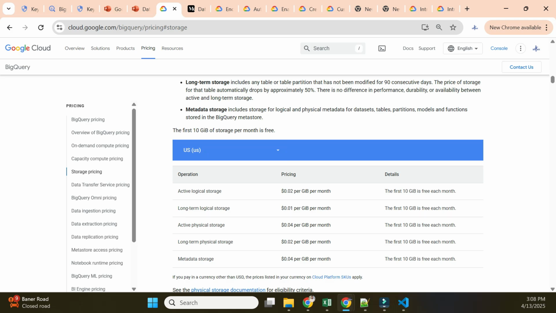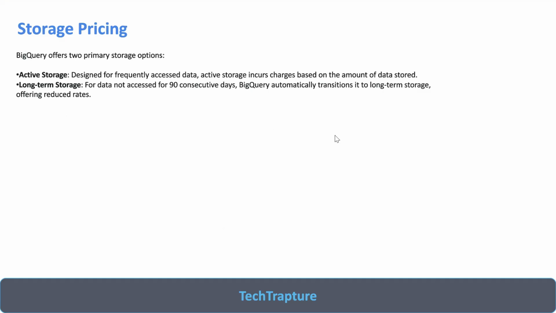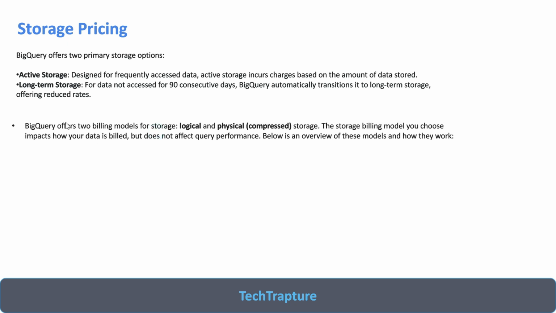So let me go back to our slide. For storage also, this is kind of the storage option, but for the billing also BigQuery offers two storage billing models. You can see here BigQuery offers two billing models, one is for logical, one is for physical. Physical means data is compressed and then stored on the disk, so that is kind of physical storage.